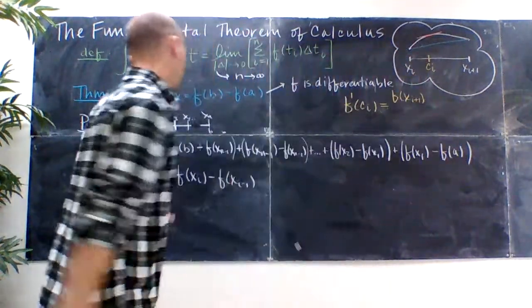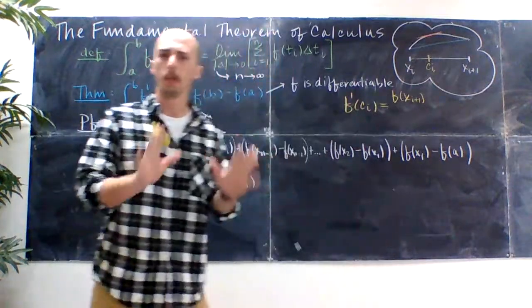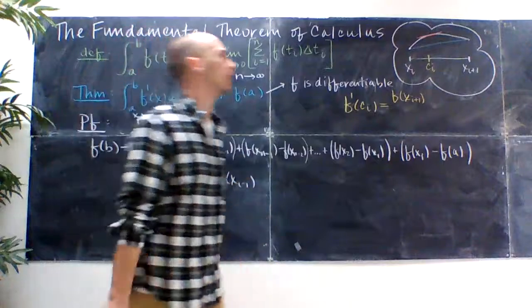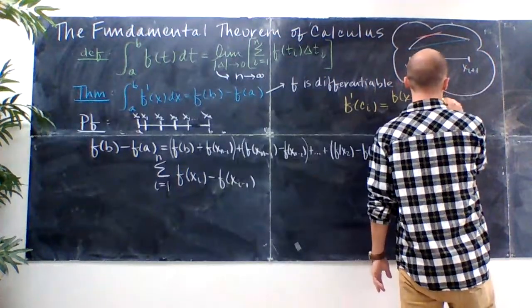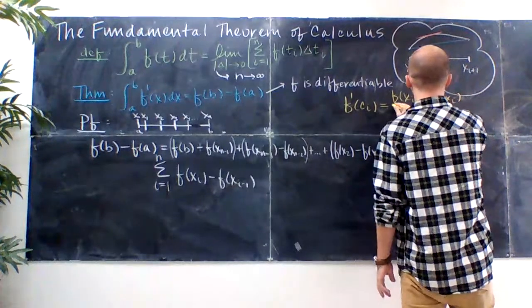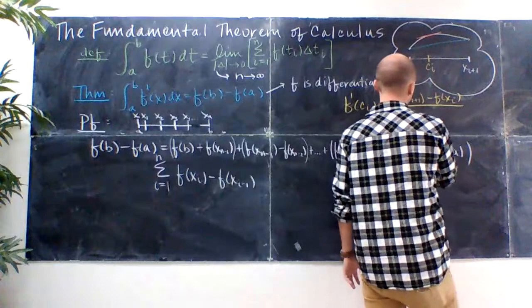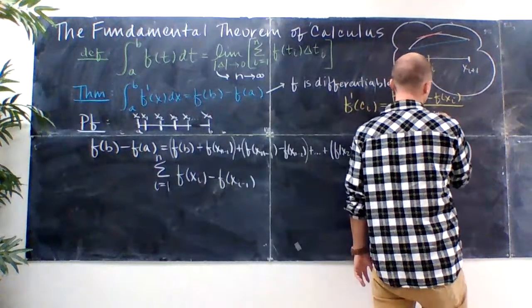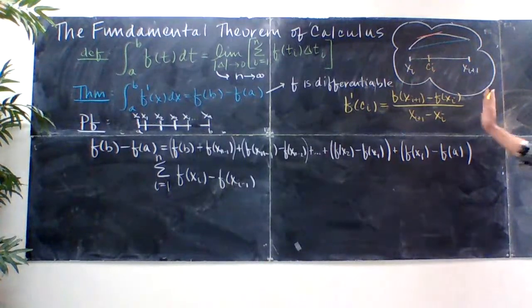I'm realizing that I'm doing i and i minus 1 and i plus 1, but I hope you'll forgive me and you'll see what I'm doing here. All right, that's what we are guaranteeing from the mean value theorem right here.